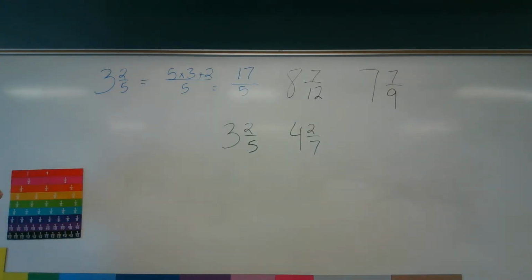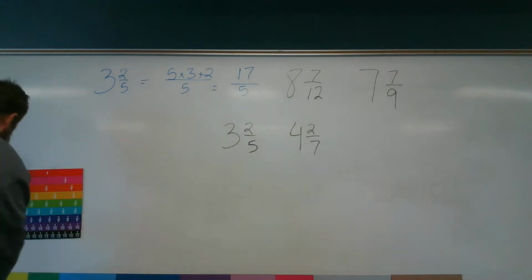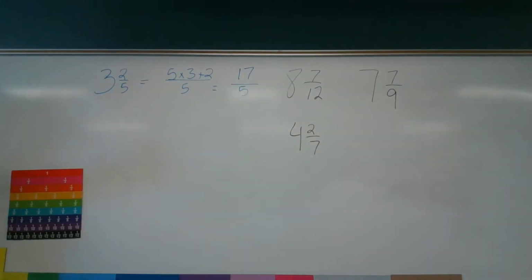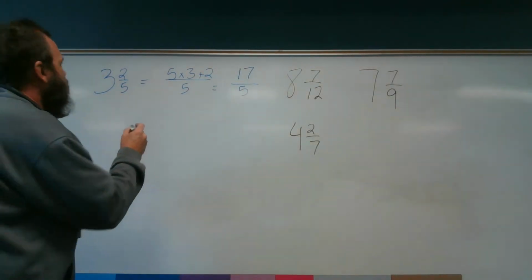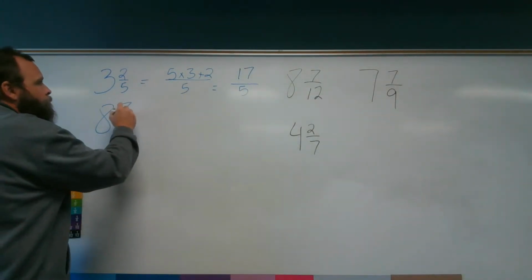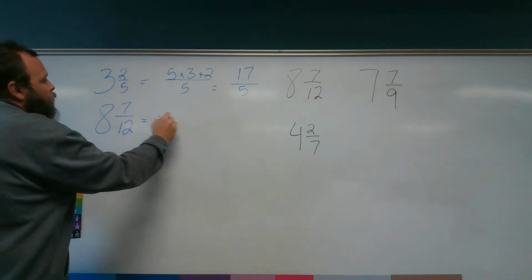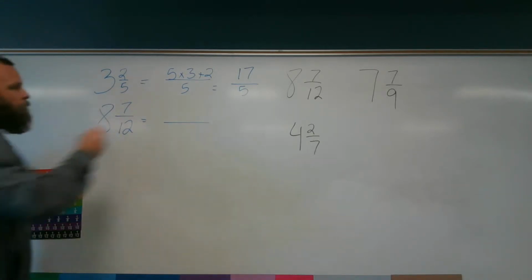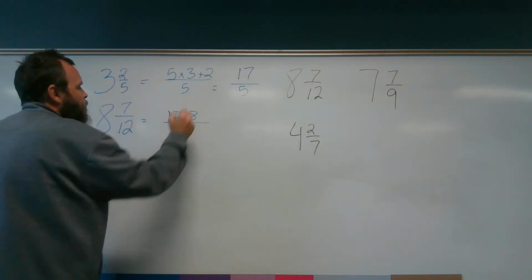So we've done this one. We're taking mixed numbers and changing to improper fractions. Let's take 8 7/12 and change it to an improper fraction. Marilyn, tell me what I do. You multiply the denominator and the whole number. Which is 96.